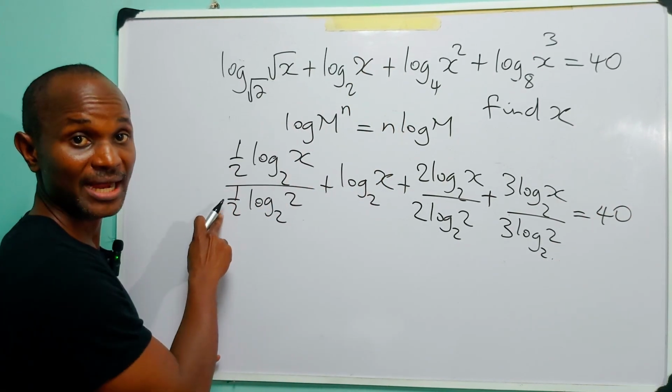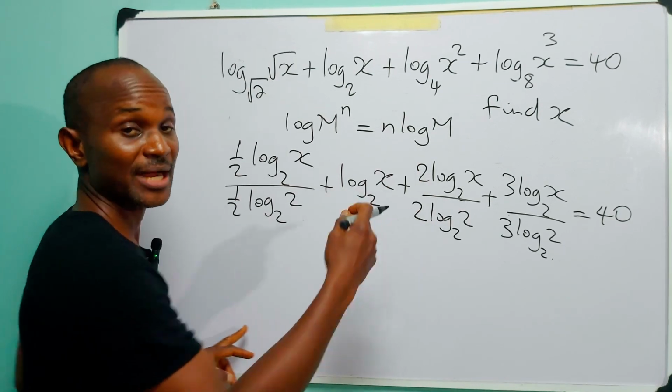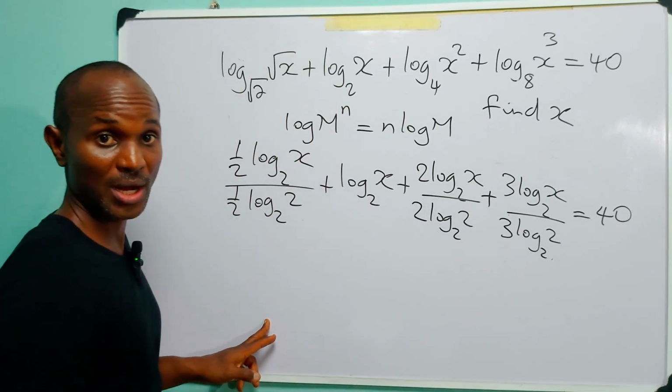Now half divided by half is 1. 2 divided by 2 is 1. 3 divided by 3 is 1.